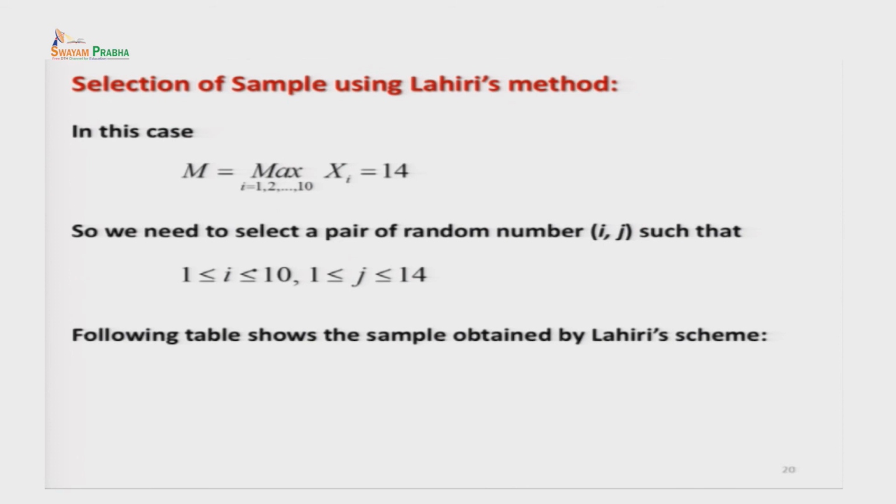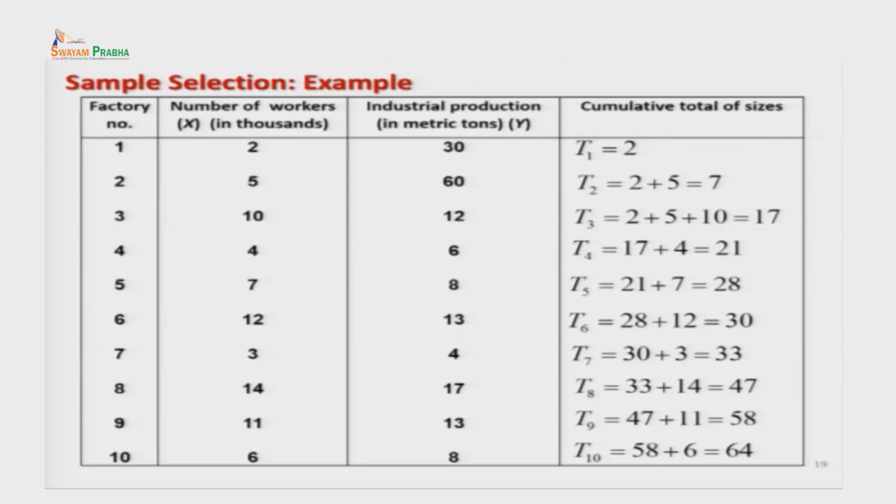Now you have just relooked into the rule. You need here two numbers, say i and j. i was between 1 and capital N, and j was between 1 and say M, where M is the maximum of xi. Now what is N here? If you see in this table, you have altogether 10 numbers.